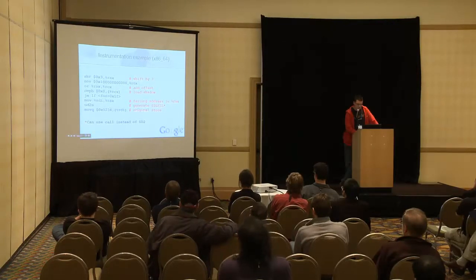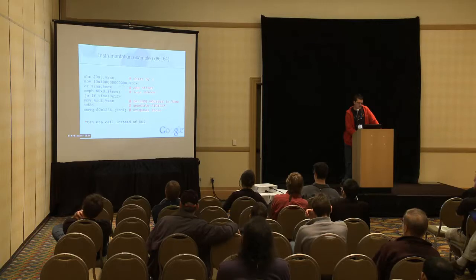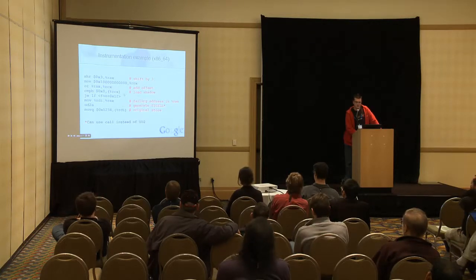The original function had just one store instruction, and the instrumented code takes a register, shifts it by 3, adds the magic constant using 2 instructions because the constant is too big. Then it compares the result of the load from the shadow memory with 0, and if it is not 0, it jumps to the code that crashes.